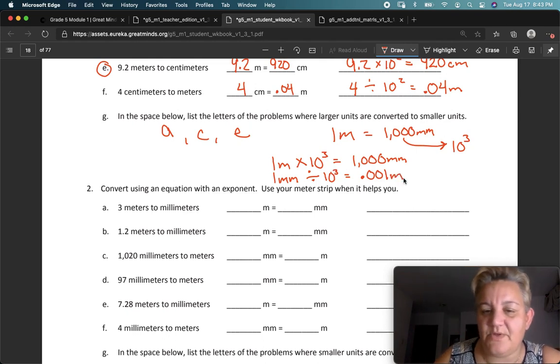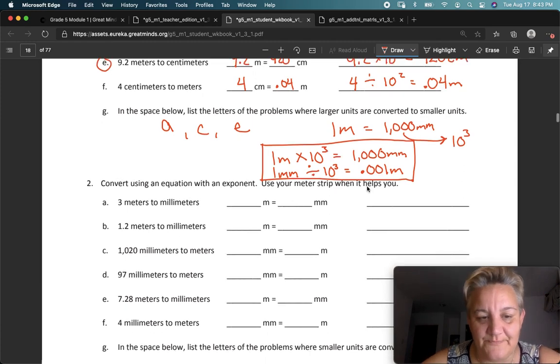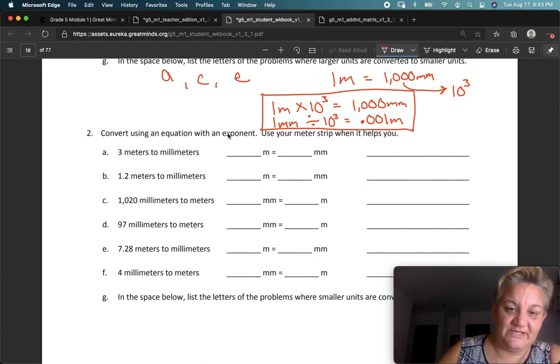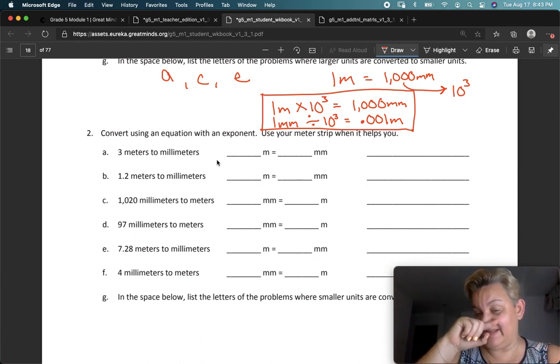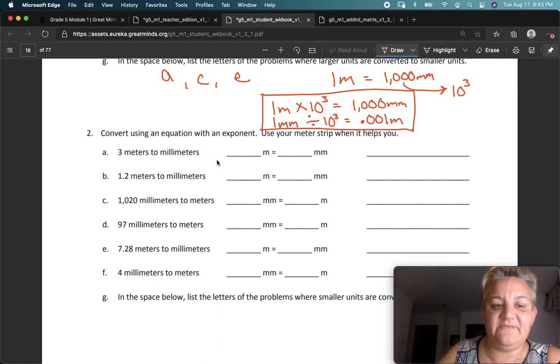Okay, so those two equations right there are super important for converting meters to millimeters and millimeters to meters. So, use your meter strip when it helps you. If you have your meter strip out, you can cut it out and tape it together. Or if you have an actual meter stick, that's even better.